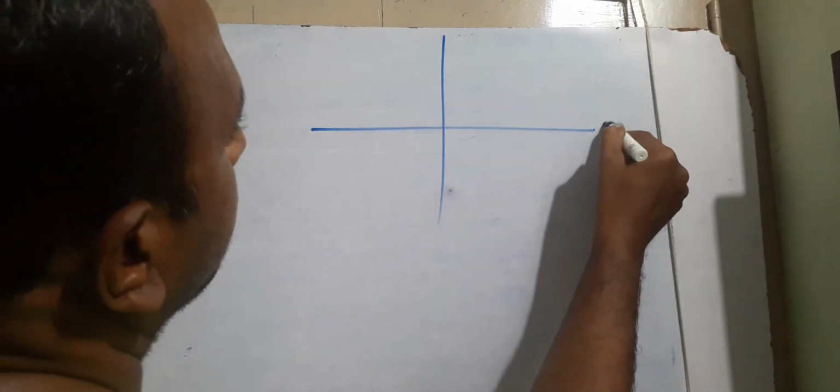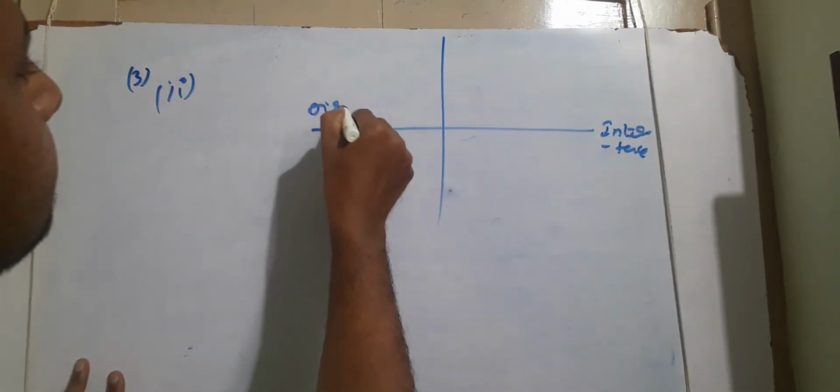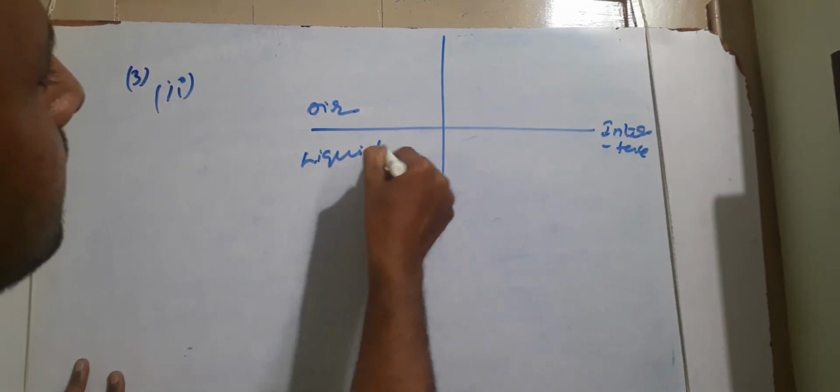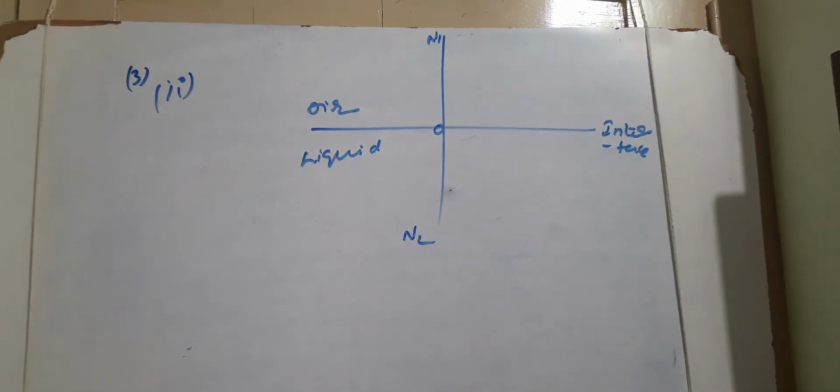In the third one, it is the interface. So air and this is a liquid. Normals n1 and n2 from the point O. Now what we want to discuss in this third problem, in the second case, students. Second case: for what angle of incidence will the angle between reflected ray and refracted ray be 90?